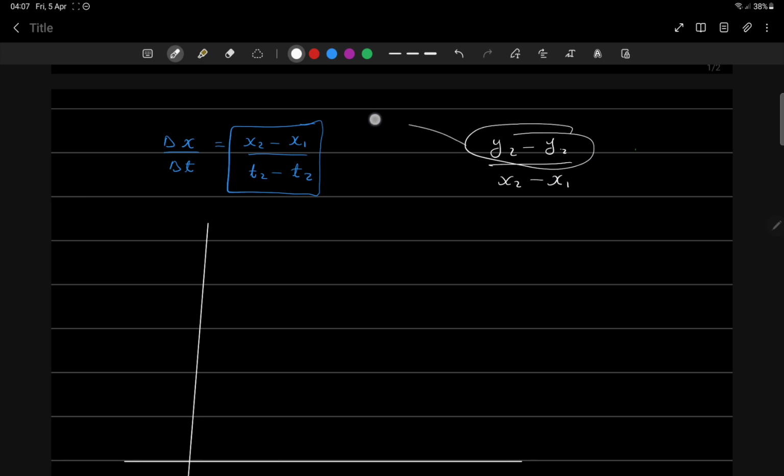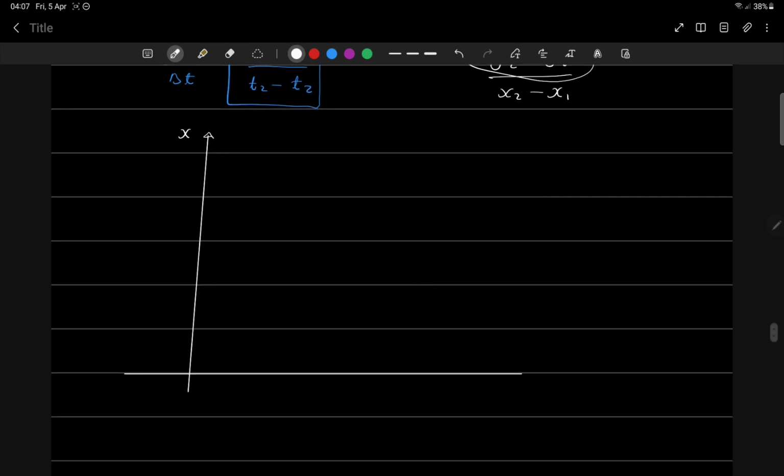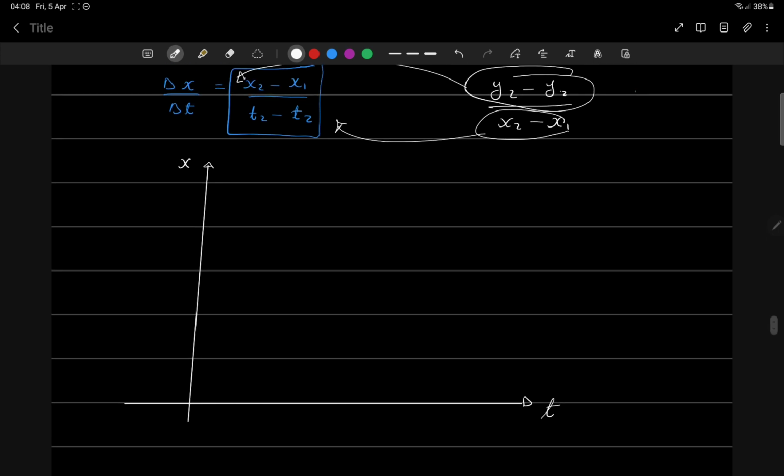So in the y-axis, I'm going to have the position x, and in the x-axis, I'm going to have the time t. So I'm going to have x versus t, or position versus time, with the origin point being 0 for position and 0 for time.